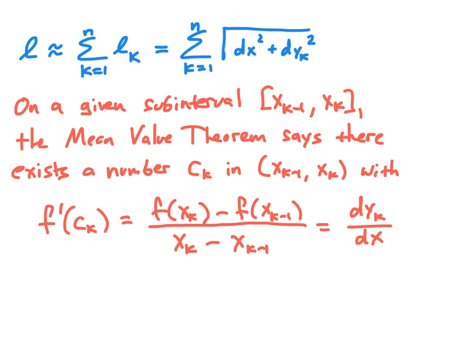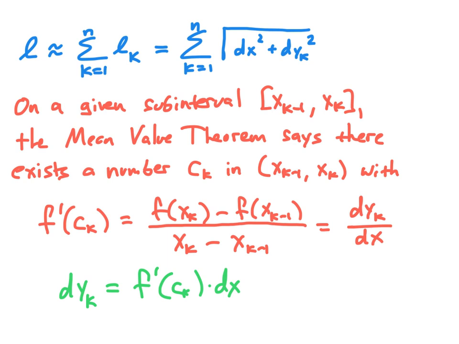By multiplying both sides by dx, we see that dyk is going to equal f prime of ck times dx. And so here we're able to rewrite dyk as a function value, f prime of some point, multiplied by dx.